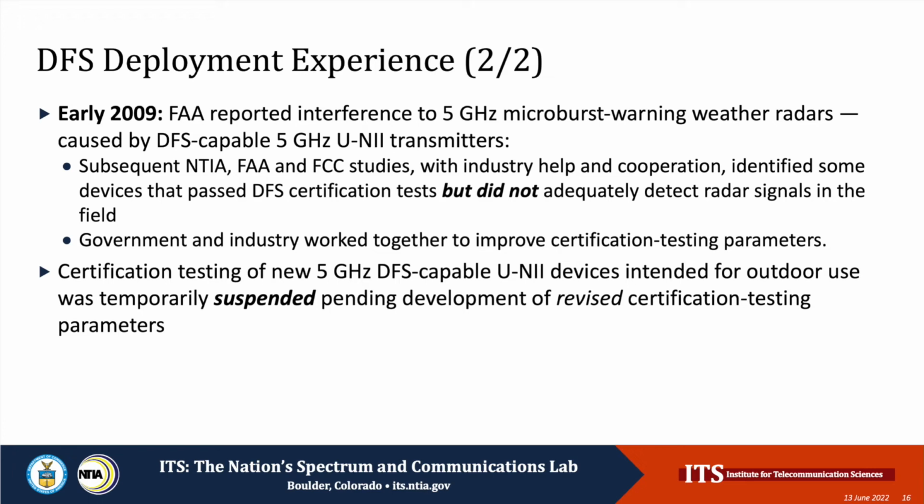Subsequent NTIA, FAA, and FCC studies, some conducted in Puerto Rico, others in New York, and which were performed with the help and the cooperation of manufacturing industry participants, identified some DFS devices that had passed the certification tests, but that were not adequately detecting radar signals in the field from the terminal Doppler weather radars operated by the FAA.